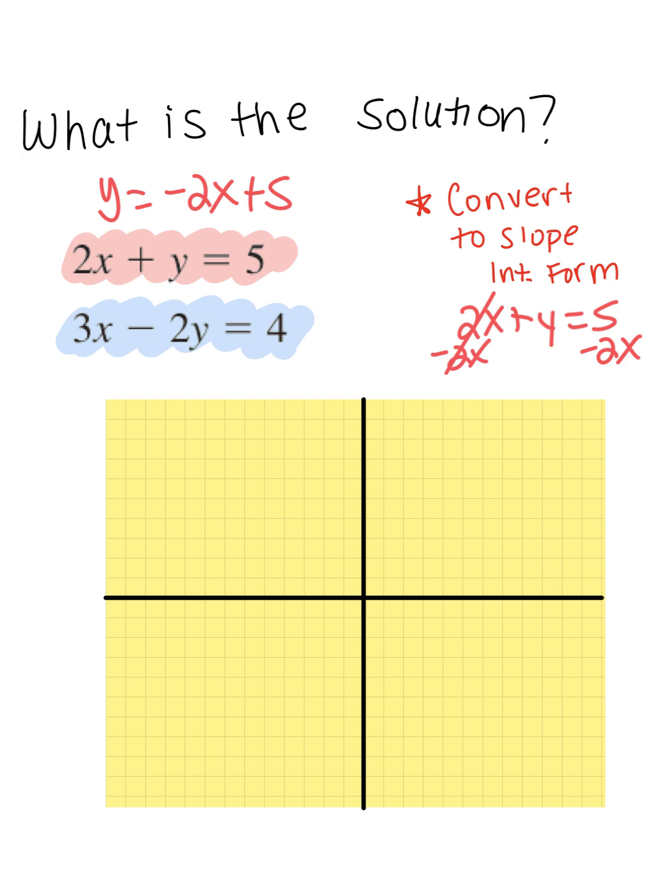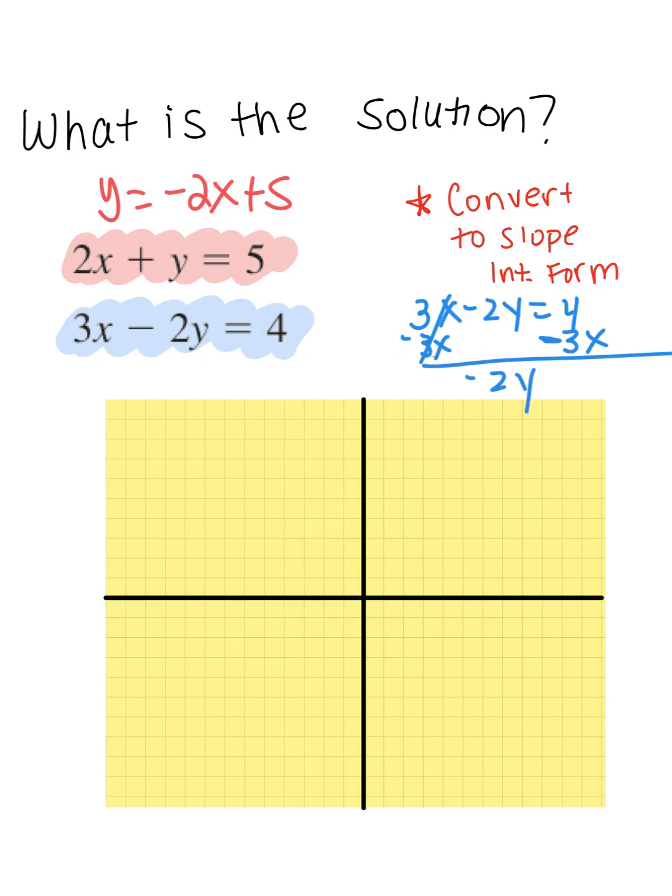The blue one, I'm going to have to erase because I don't have room. The blue one says 3x minus 2y equals 4. What's the first thing I'm going to do to convert that one? Subtract 3x on both sides. I'm left with -2y equals -3x plus 4.